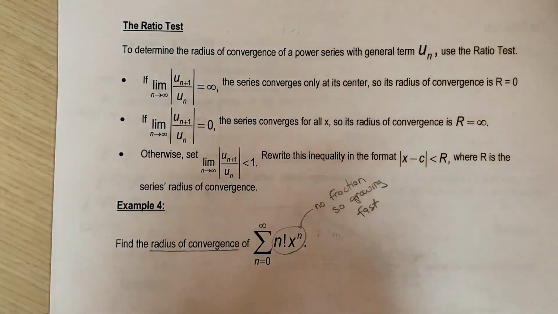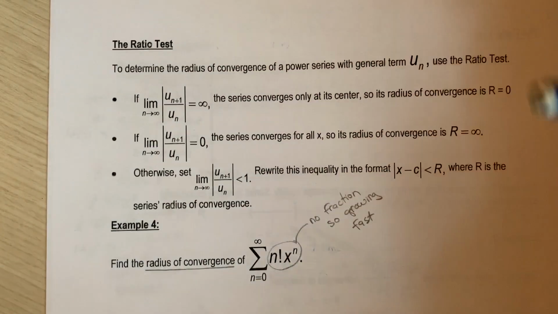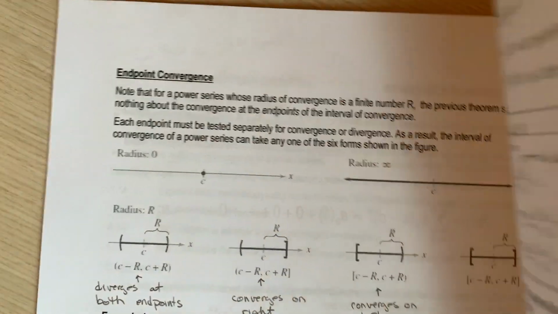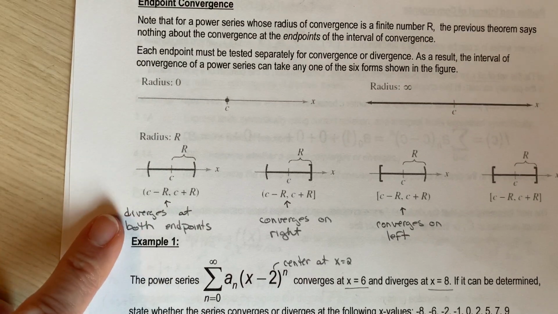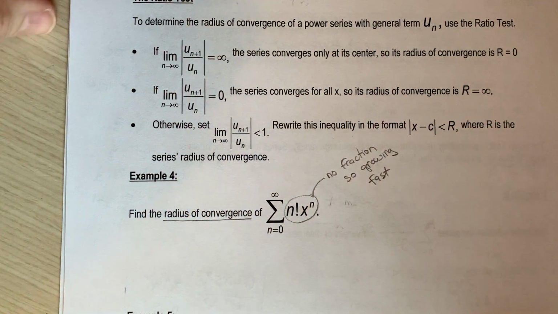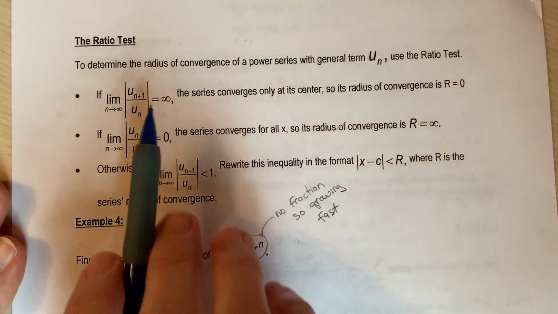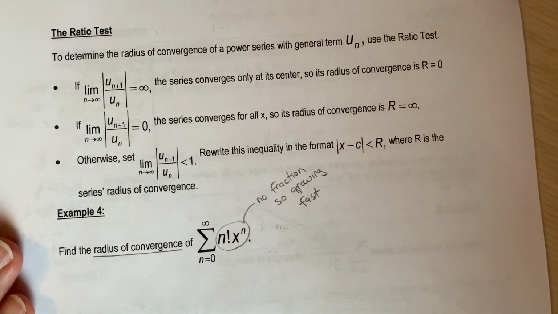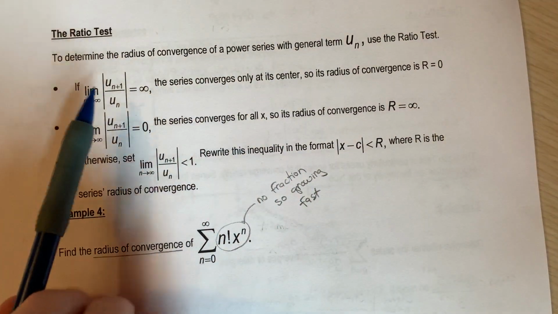We've got a couple more examples. The last part is using the ratio test to determine the radius of convergence. So that is, remember back here, we're going to use the ratio test to find out where we are converging. Remember, we are not doing anything with the endpoints at this point.